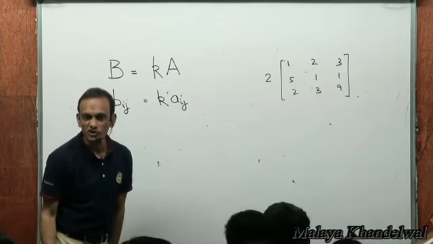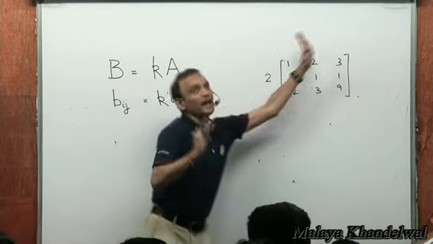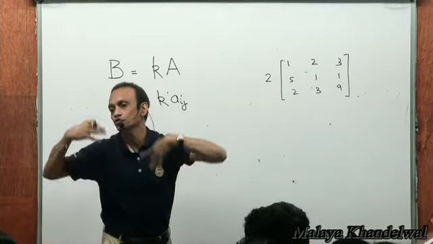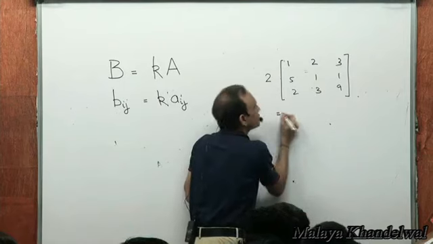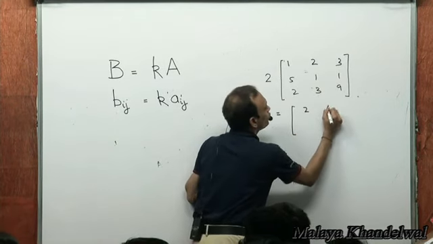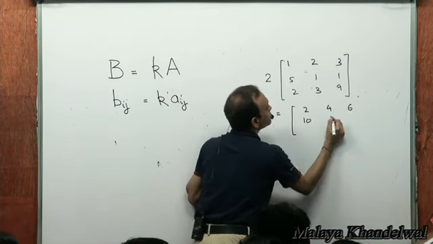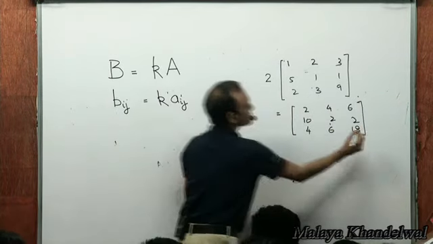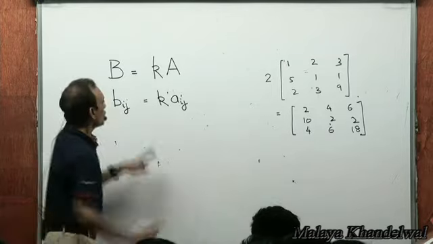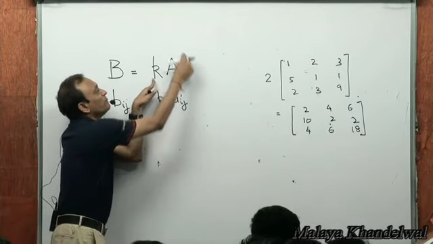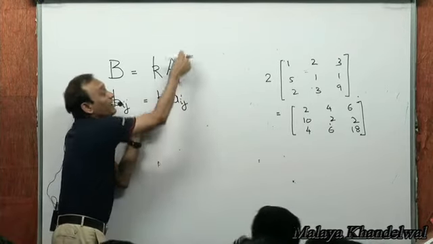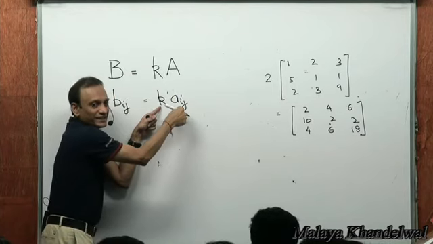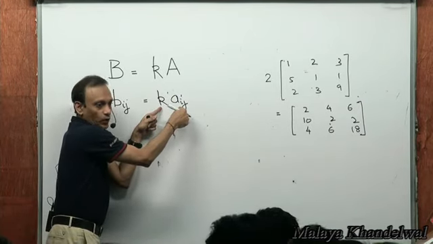Then every element of this matrix will get multiplied with 2, and the new matrix would be 2 4 6, 10 2 2, 4 6 18. So if I multiply A with k, then every element of A will get multiplied with k. This is what happens, right?